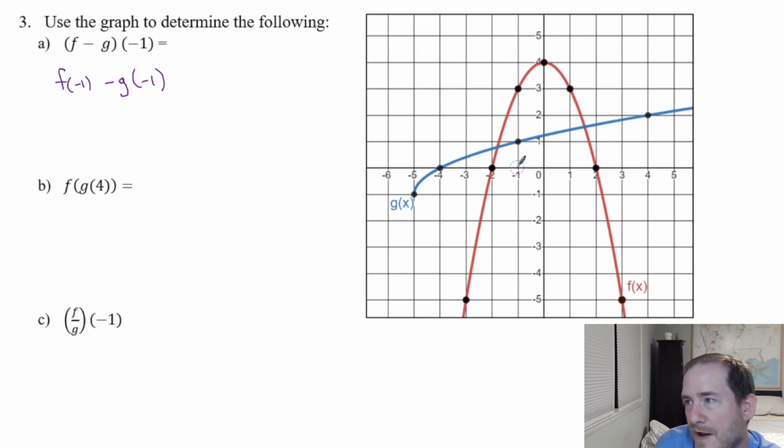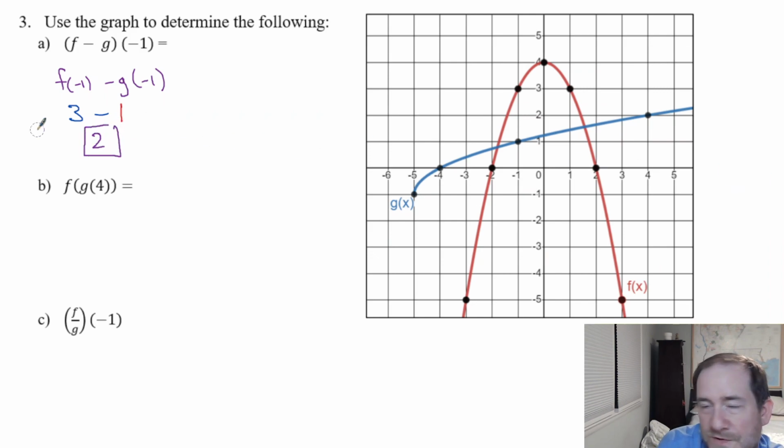Negative 1 on the red function yields 3. Then we subtract from that g of negative 1, which means we're now reading the blue function, and negative 1 yields 1. And guess what 3 minus 1 is? It's 2. It's as simple as that to evaluate these expressions. You just find f of negative 1, you find g of negative 1, you subtract them. That's it.